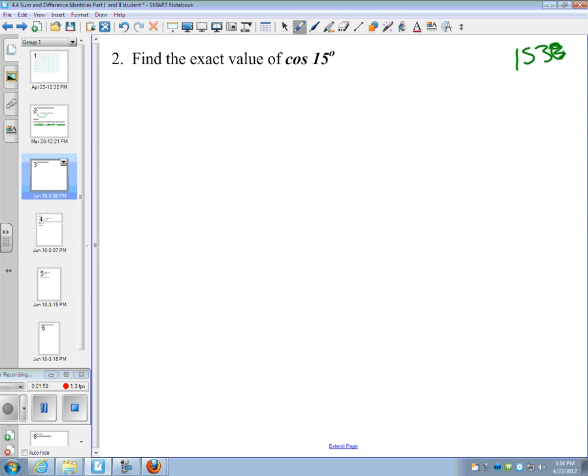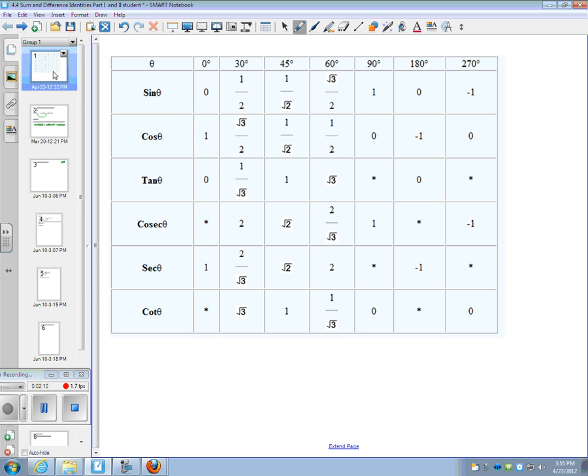So 15 we need to write as a sum or as a difference related to things that we know. So in that table we know things like 45, we know 30, we know 60. Those are all things we know. So based on that, we can say that 15 is obviously 60 minus 45, or 45 minus 30. We could do either one of those, okay?